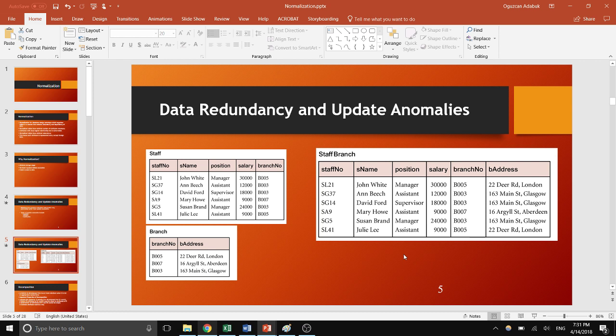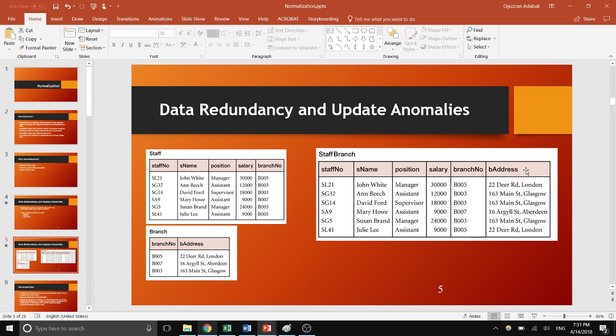So these are two different design choices, right? You can have two different tables that store the data, or you can have one table that stores all that same data. Now, the problem here is, first of all, the data is repeated in the staff branch table, because for every employee, you store their branch number and their branch address.